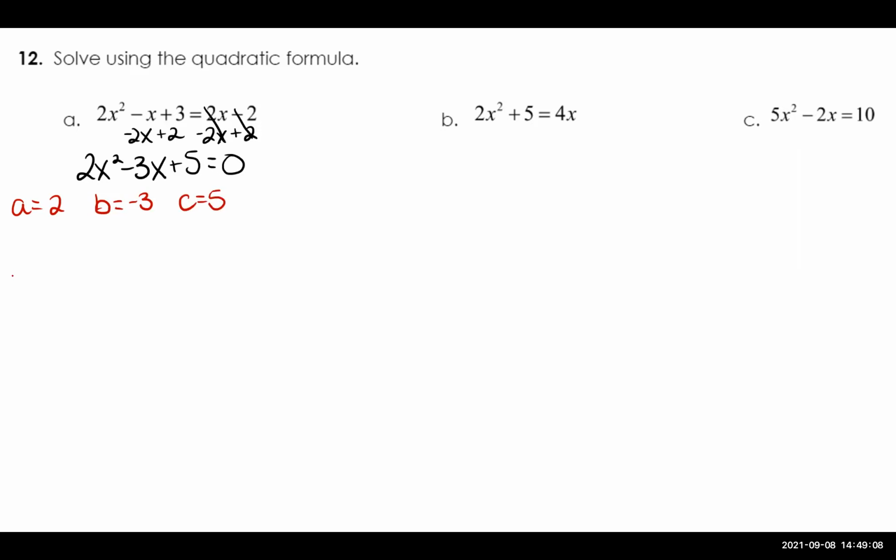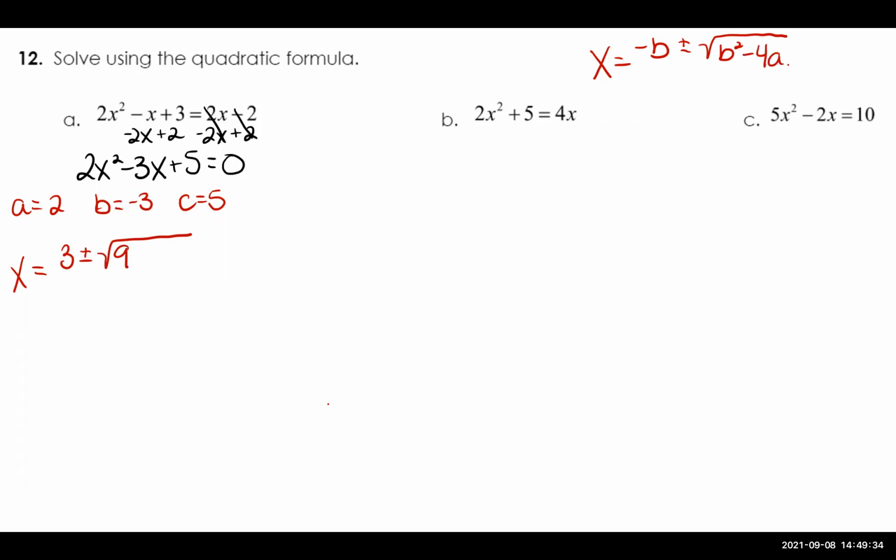Our quadratic formula says, let's go ahead and write this up here. x is equal to the opposite of b. So if b is -3, the opposite would be +3, plus or minus the square root of b squared. We know that b is -3, so b squared will be +9.